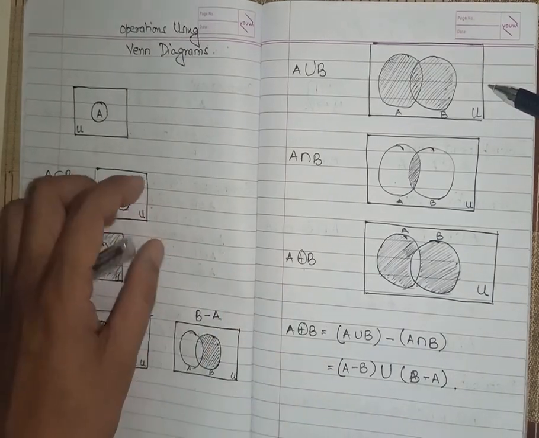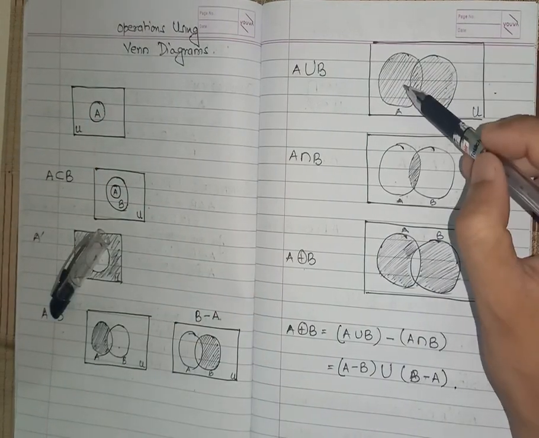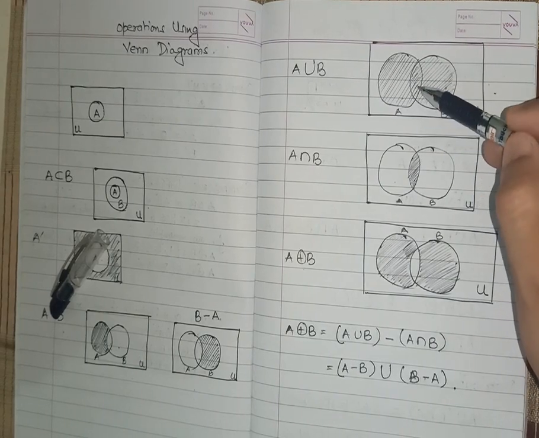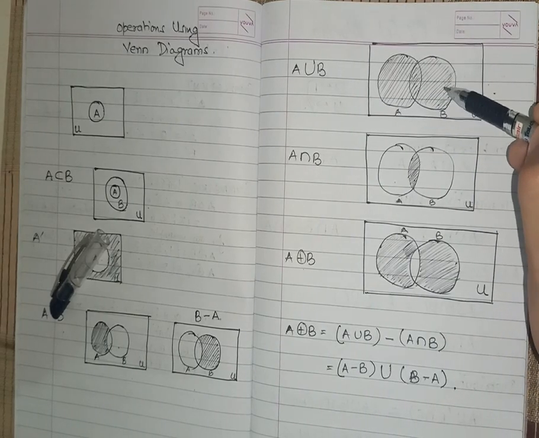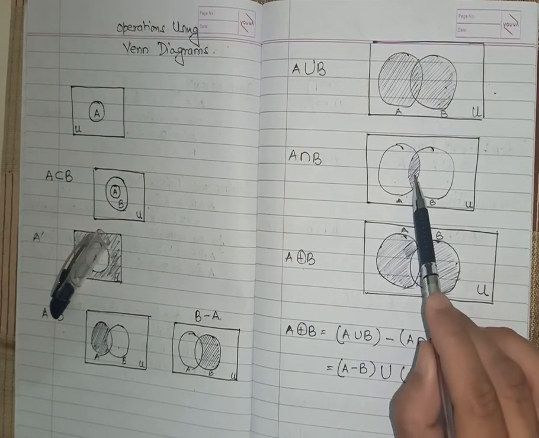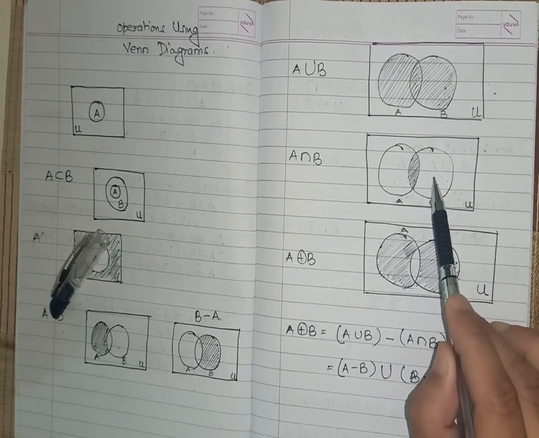A union B, this shaded portion once again is representing A union B. That means all the elements of set A and set B, including the elements which are present in both of them, they are coming under the union operation. Intersection operation, all the elements which are present in both the sets. So neither this region nor this region.